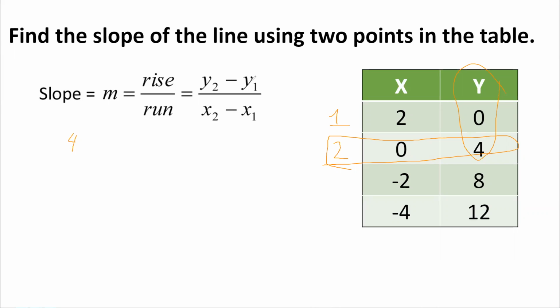Next number I'm looking for is y1, so there is my y again, and then this time it's y1. So that is going to be 0. So it's a subtraction of 0. 4 minus 0 gives me 4. So I know my top is going to be 4.